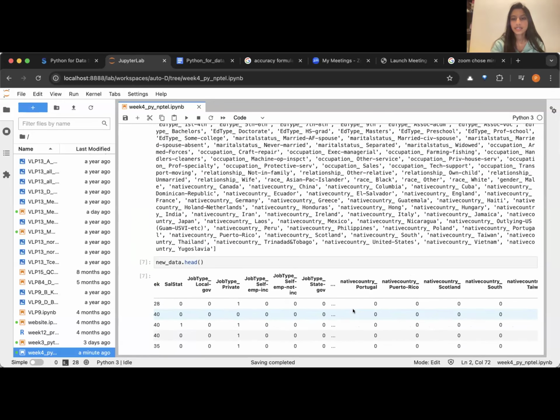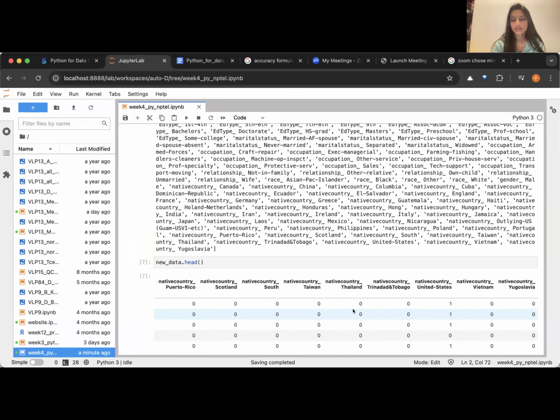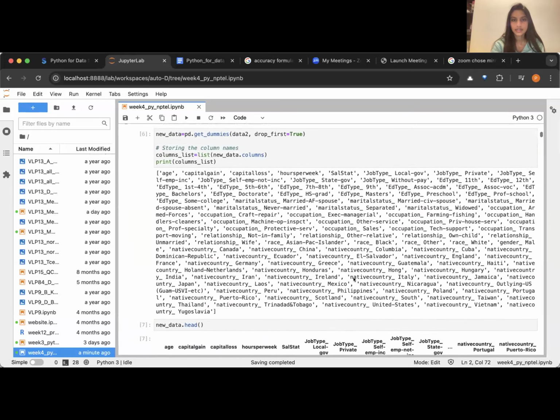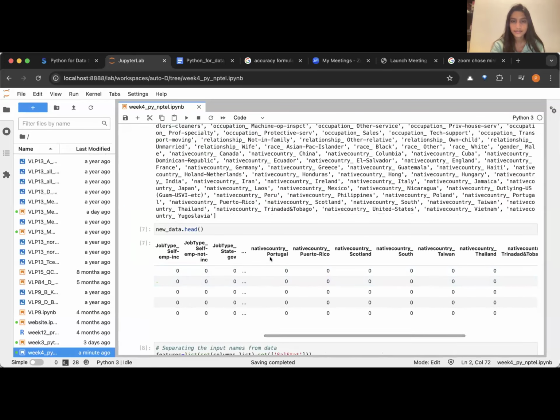The same thing applies to the rest of the columns, for training purposes. For example, the native country column had Portugal, Scotland, Taiwan, Thailand, and all that.